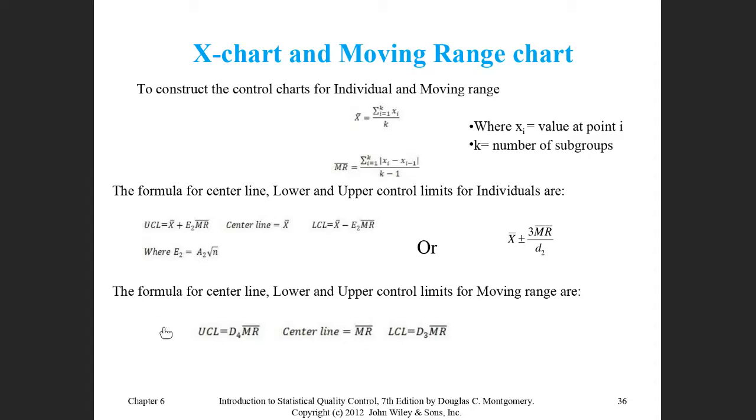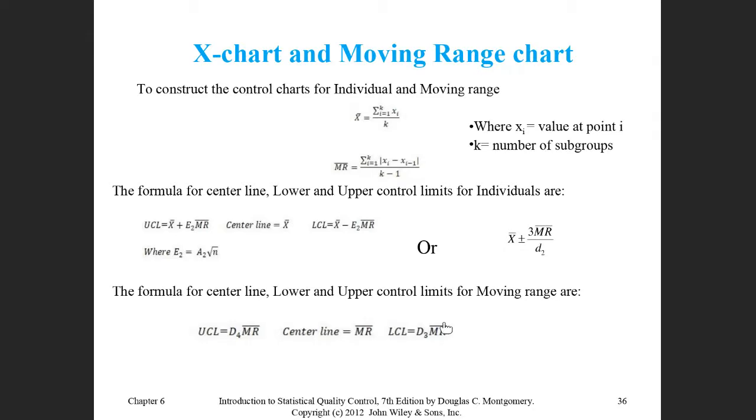And for the control limits for the moving range, the upper control limit is developed using this formula, which is D4 times the average of moving range, and D4 is a constant. The center line is the average of the moving range, and the lower control limit is D3 times the average of the moving range.